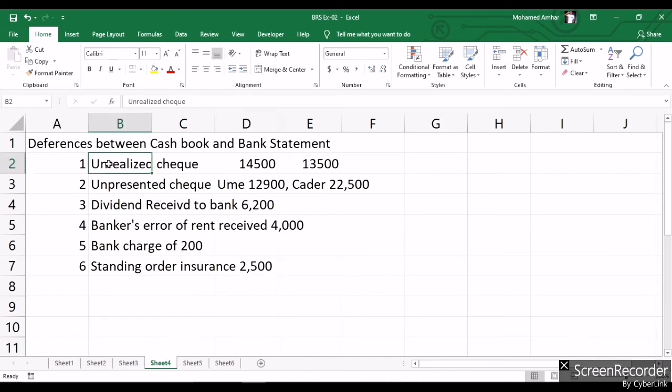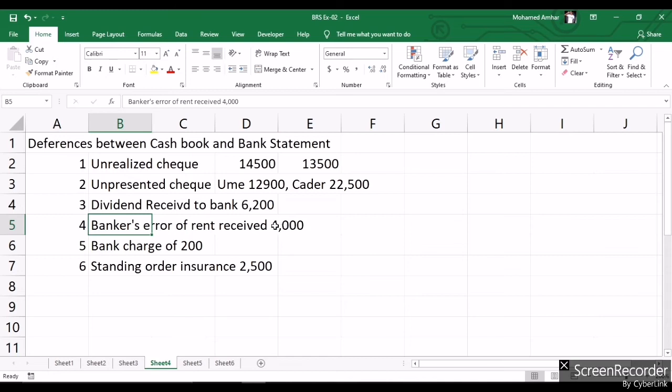And this unrealized check, unpresented check, and banker's error, these are not the business's error.